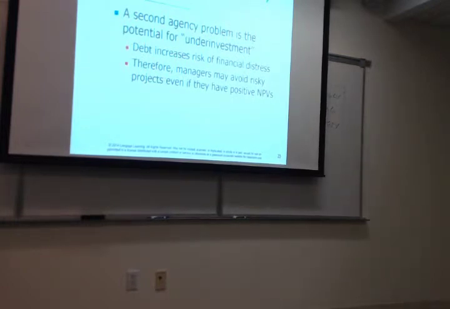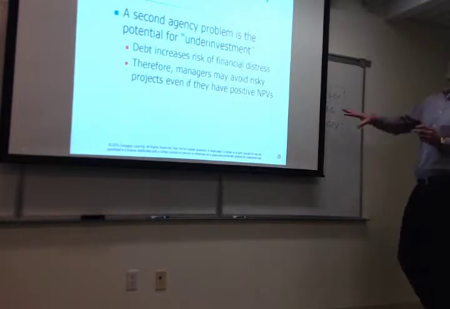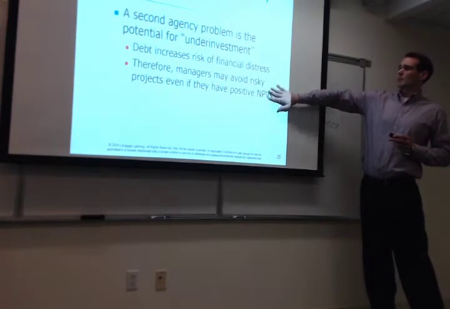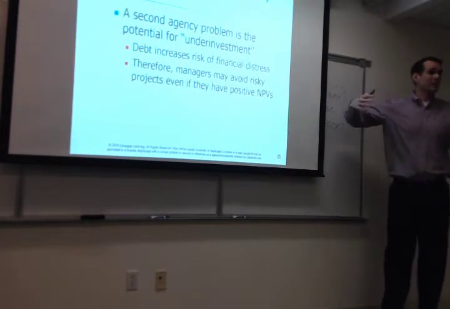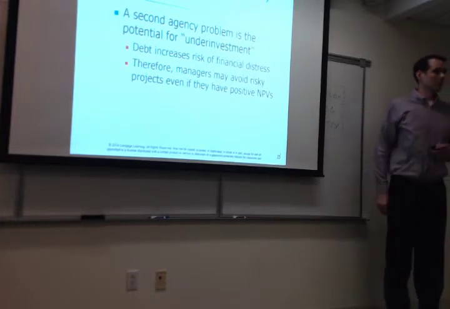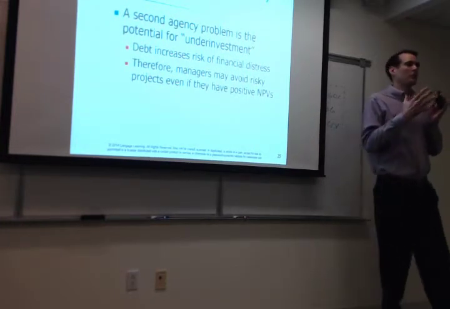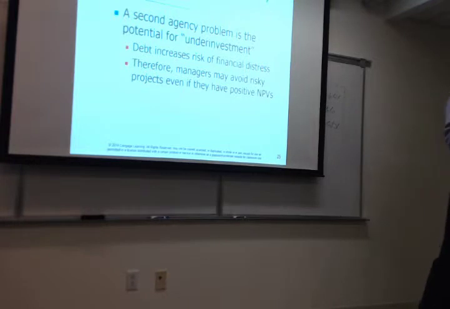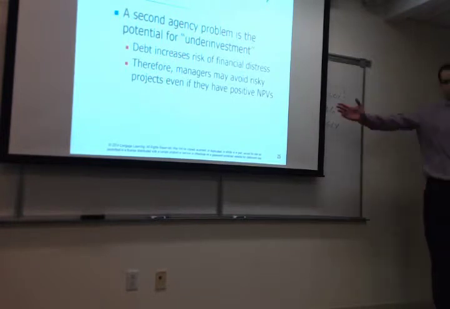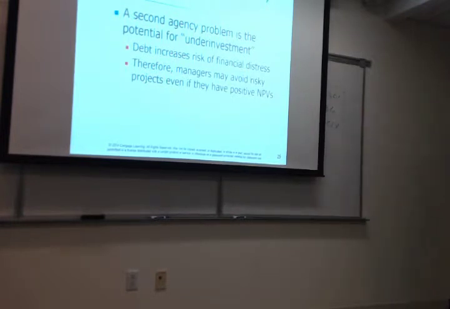More often, owners of a company like to use debt to keep the managers disciplined. But this problem could surface as a result. You might put so much pressure on the managers that they're not doing their jobs effectively because they don't want to take risks. Another, I guess I might call it an aside.